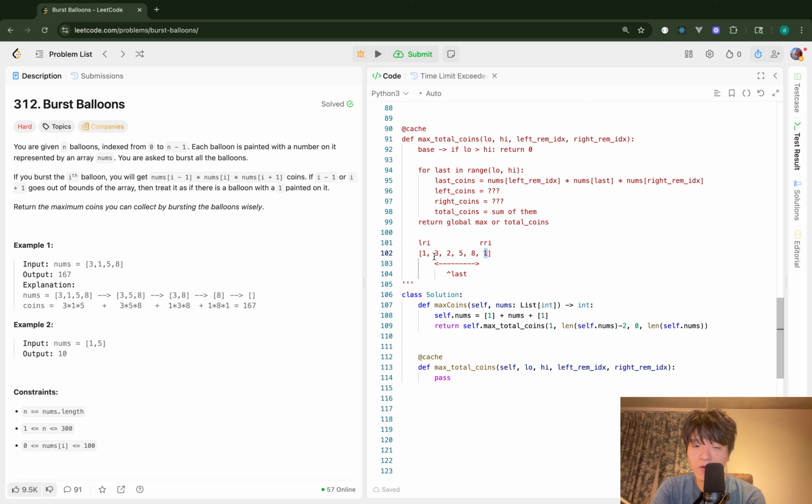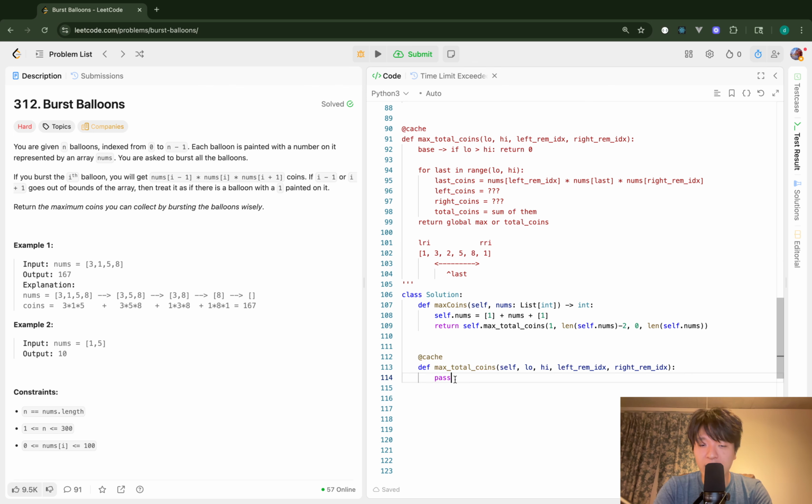Again, it is because 3 and 8 will be deleted in the future. No, sorry, deleted in the past. So it doesn't exist anymore. So the left adjacent and right adjacent numbers of 5 are 1 and 1. And when I choose this as the left remaining index and this as the right remaining index, it totally makes sense. Yeah, as expected.